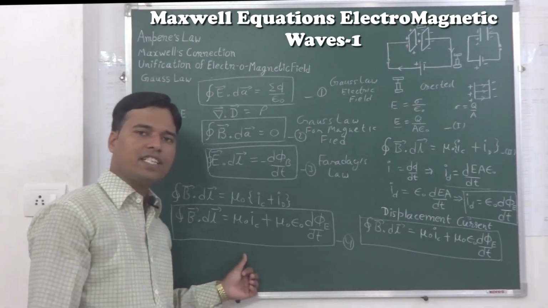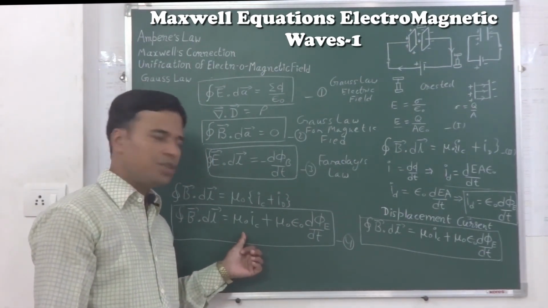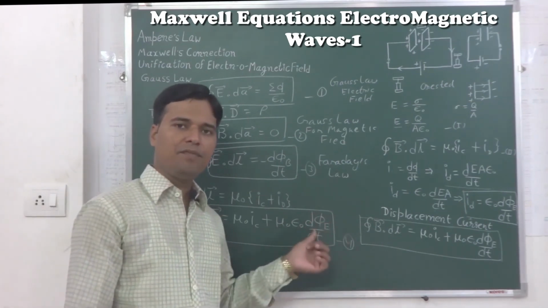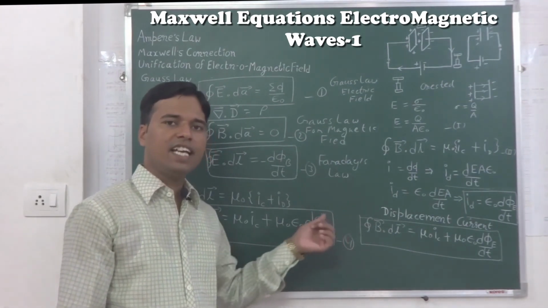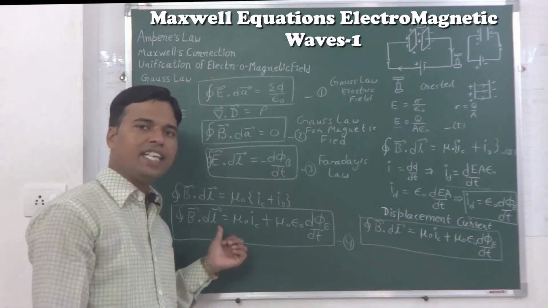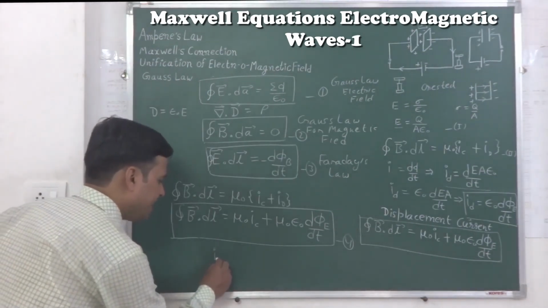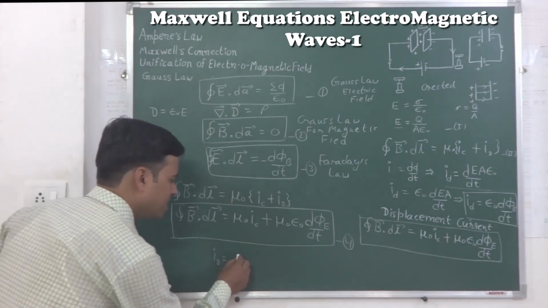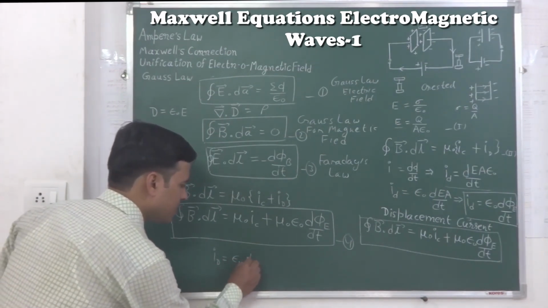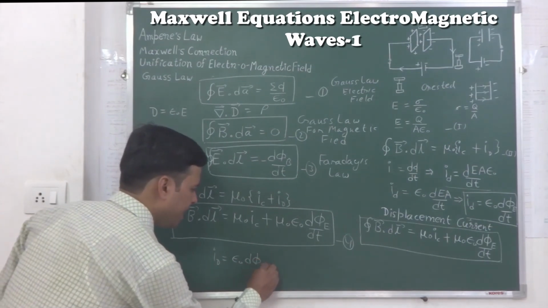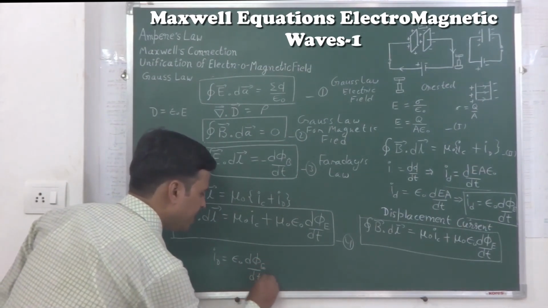This fourth equation shows that due to change in electric field flux or change in electric field, the magnetic field will be induced. The displacement current I_D can be written as epsilon naught d phi_E upon dt.